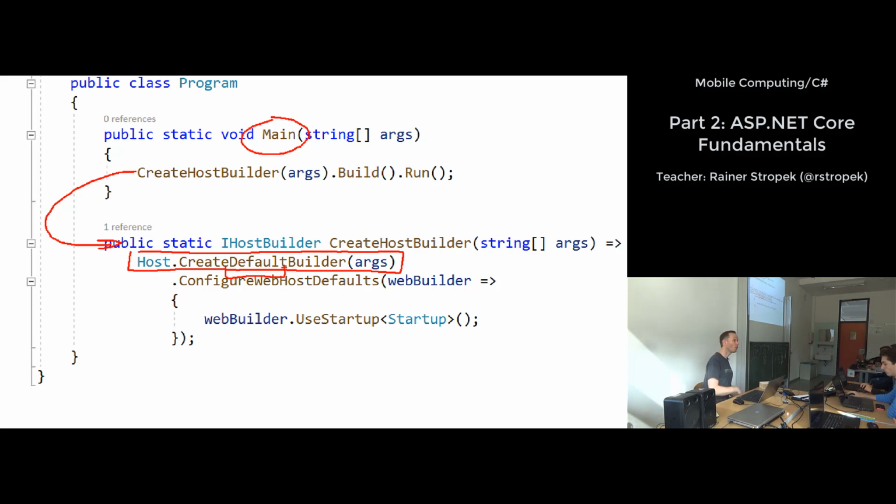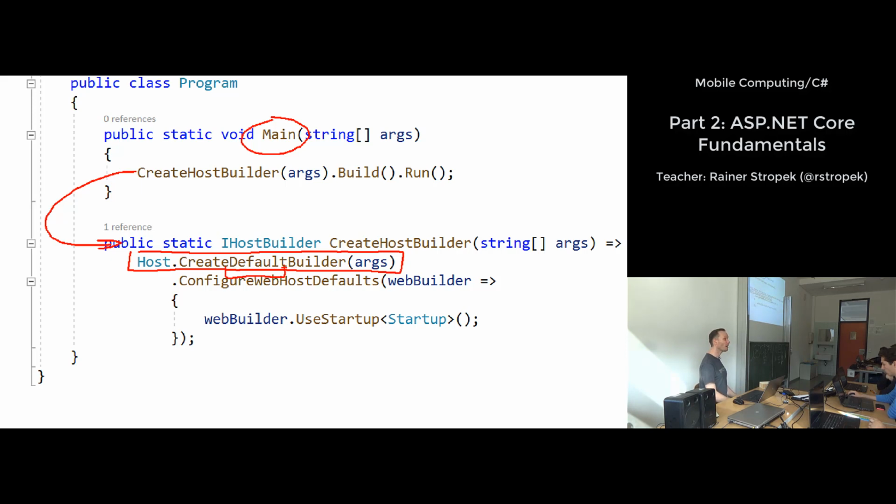Of course, in more elaborate scenarios, if you work in the real world, the default settings might not all be perfectly fine for you. So you would dive deeper and you would change the default configuration. But to be honest, the default configuration pretty much makes sense. So for this course, we are fine with that. All we need to do is tell the default host where our program starts.